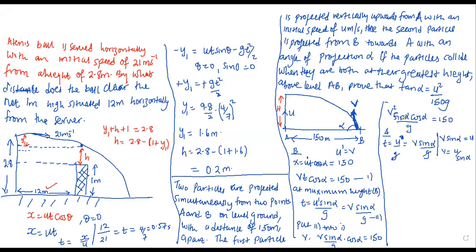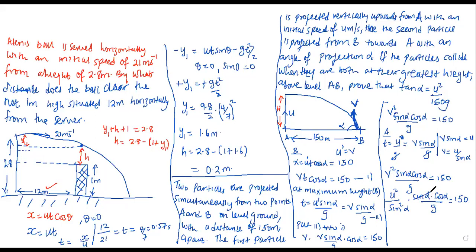Now bring it up here where we have V squared sine of alpha cos of alpha over g is equal to 50. When I put here V squared, I'll get u squared over sine squared alpha times sine alpha times cos alpha over g is equal to 50.